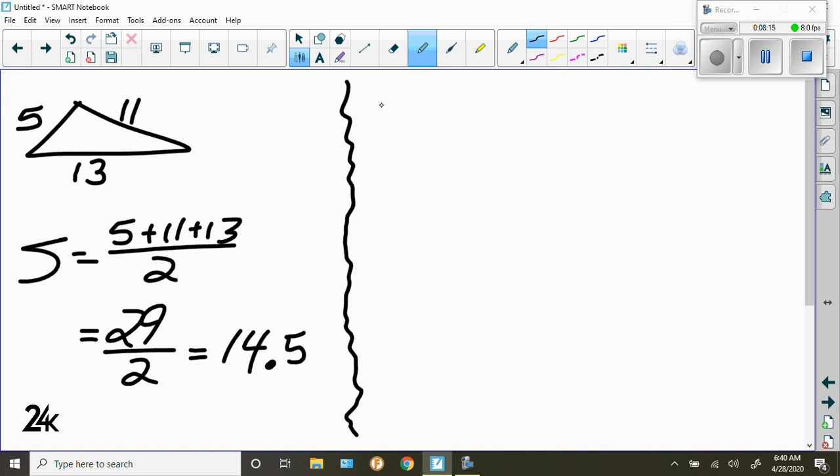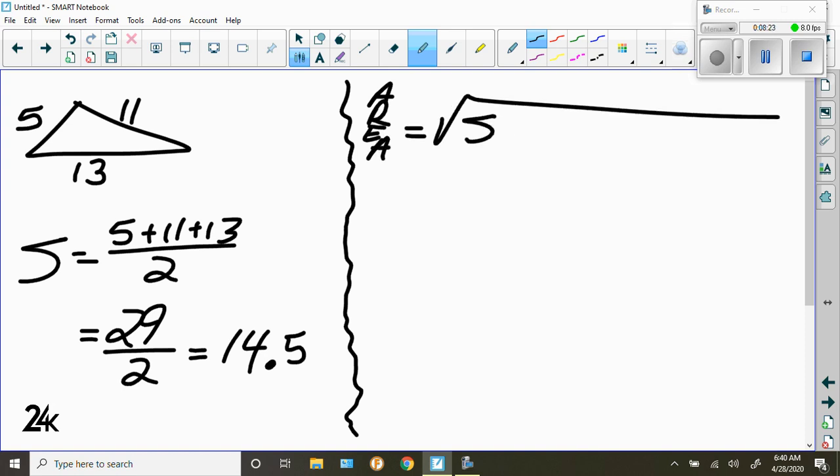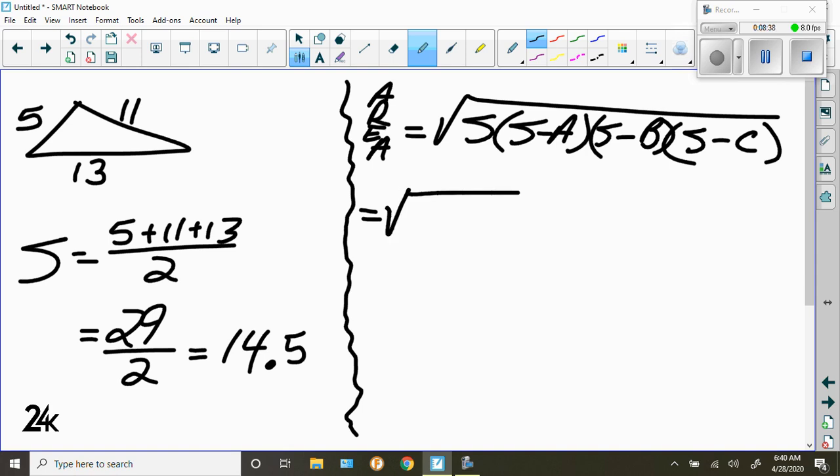So then, here's my formula. Area. S. S minus A. S minus B. S minus C. Okay. This is the one that's not so much fun. So it's going to be 14.5, but then I'm going to save a little time, okay?